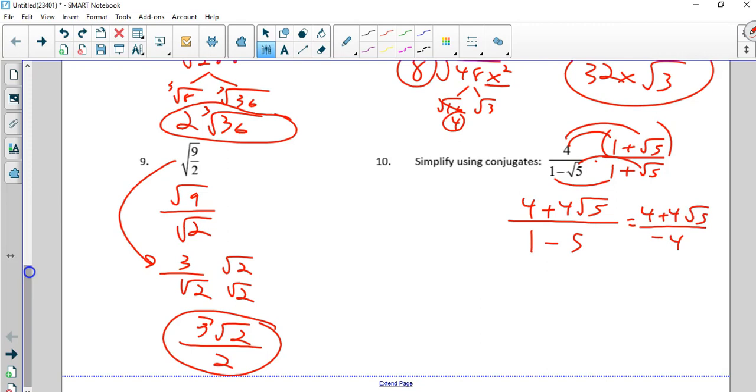Which can simplify, because I can rewrite this as 4 over negative 4 plus 4 root 5 over negative 4. And now that will break down to negative 1 minus 4 radical 5. That's it.